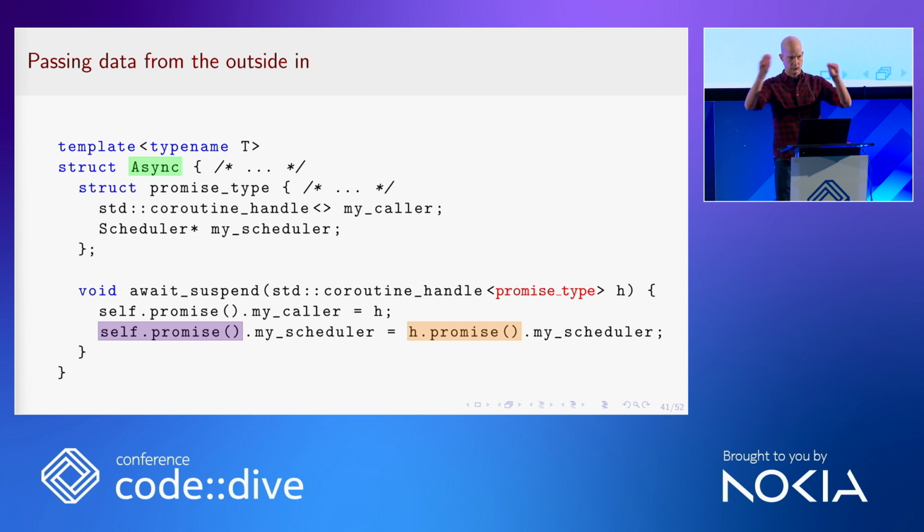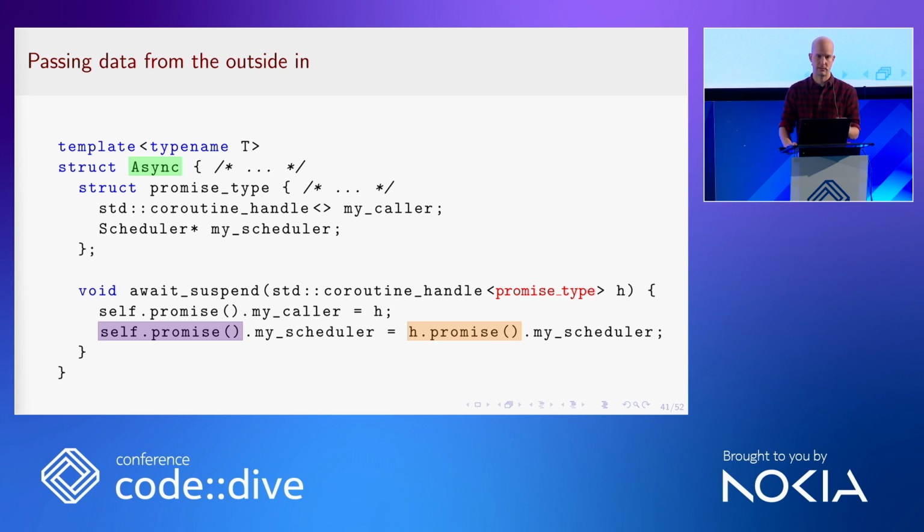because we're now having the two different contexts, the inner and the outer, on the same line. If the outer function has a different return value from the inner function, there will be different async objects, right? Since the async object is templatized on the return type. But since the promise type is a nested type of the async class, the promise types will also be different here.